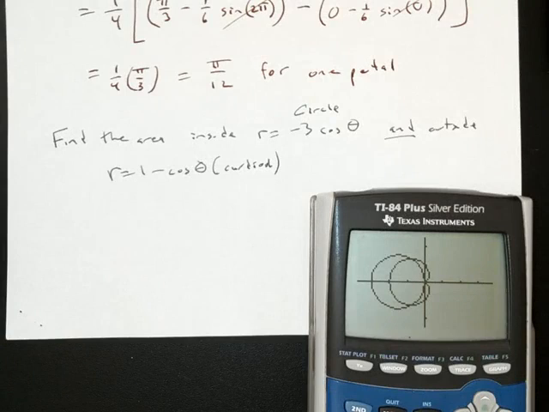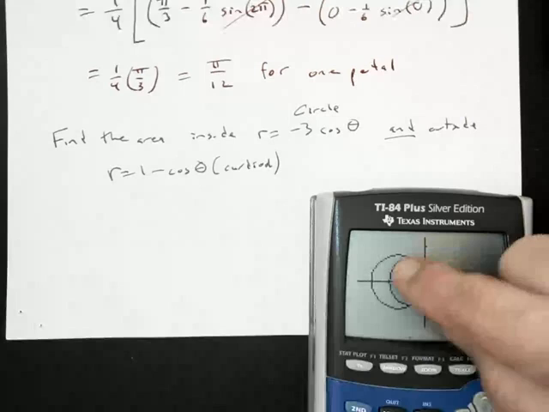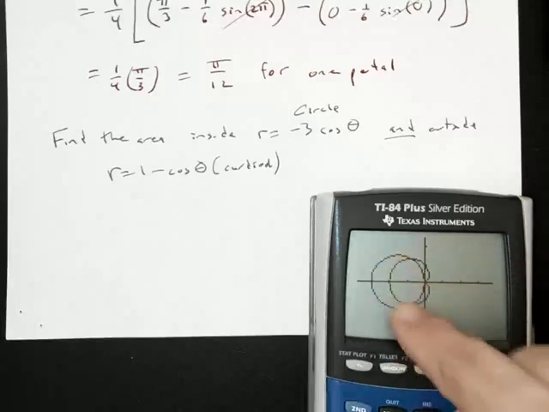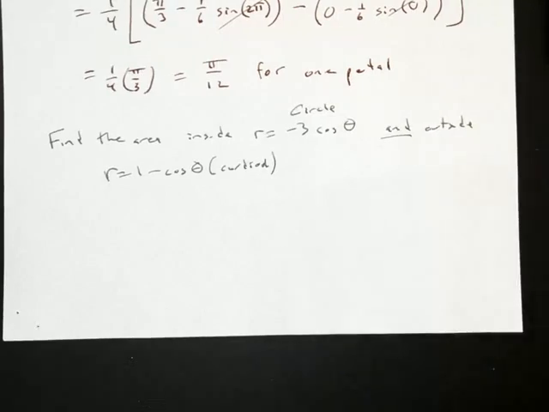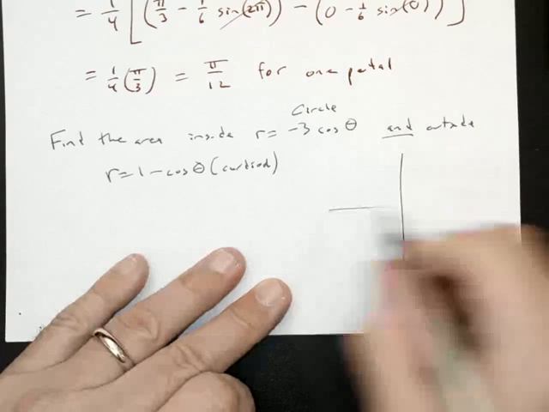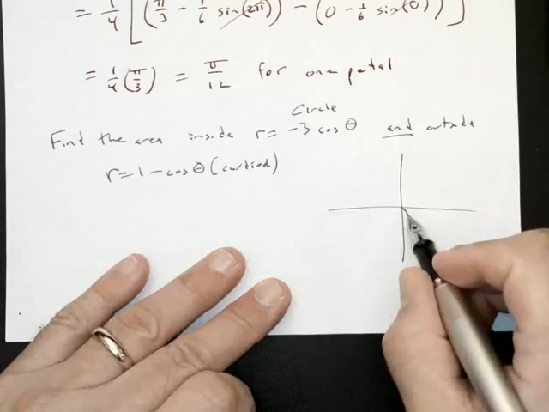All right. If this is what I'm after, then I want the area inside the circle, outside the cardioid. That's this crescent moon shape here. I'm going to make a copy of this as a crappy picture so that I can refer to it later.